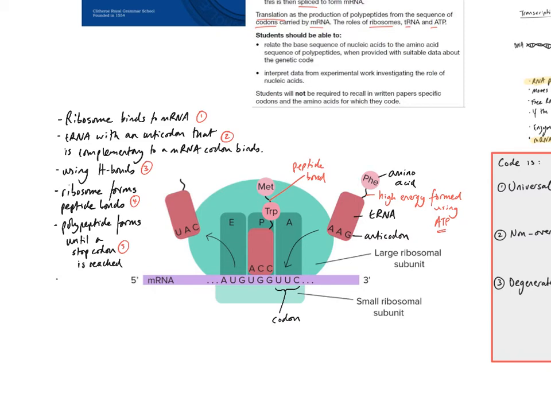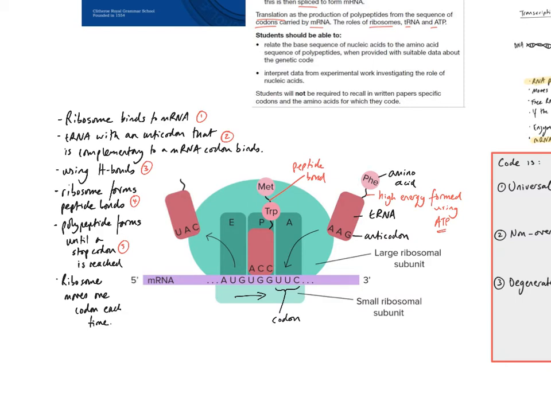So the ribosome's moving. This ribosome is moving that way. Okay, so how far does it move? Again, I probably would have put it further before, but yeah, the ribosome moves one codon each time. That's why the code is described as non-overlapping, because it doesn't move one base, it moves in threes.